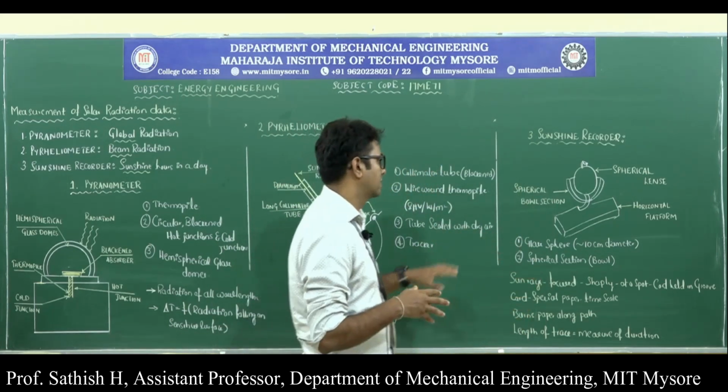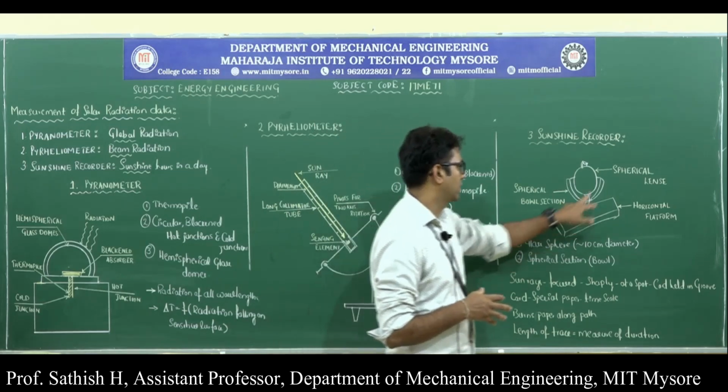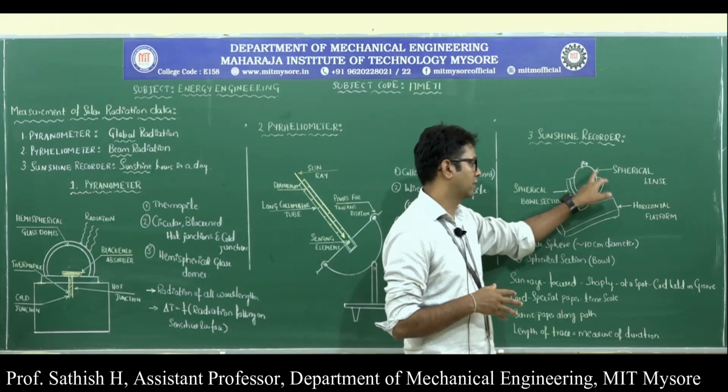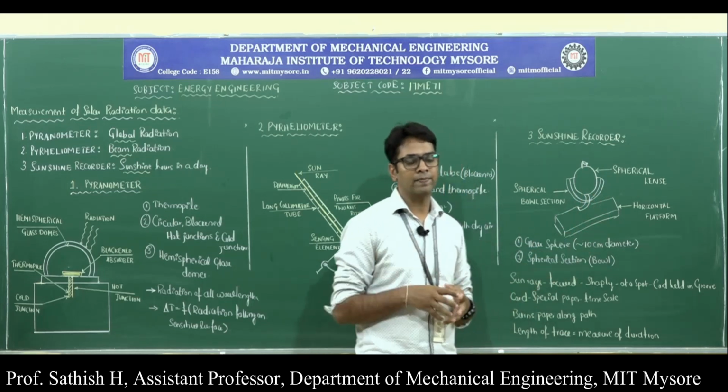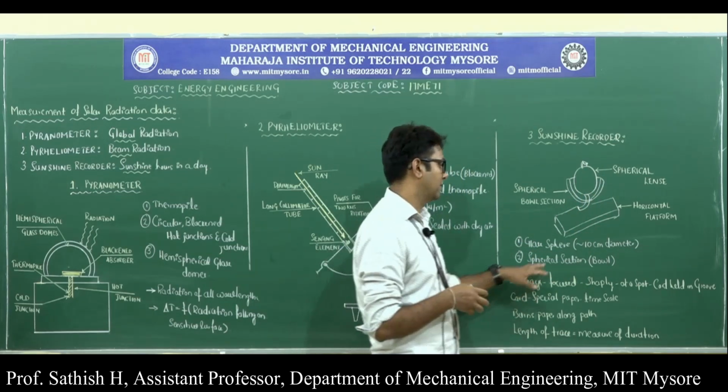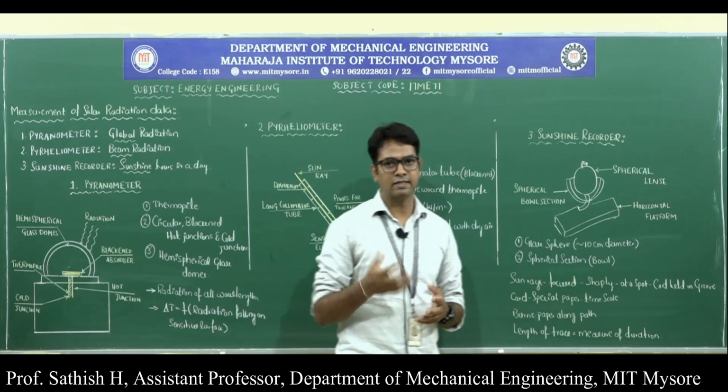So basically it consists of a glass sphere. This is a spherical lens, or we can call it a glass sphere. The diameter of that glass sphere is approximately 10 centimeters.